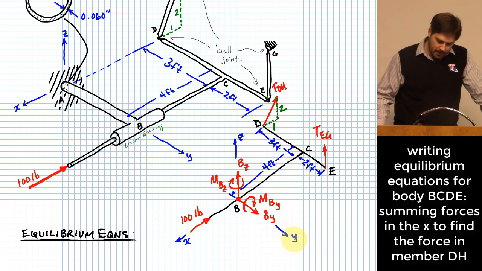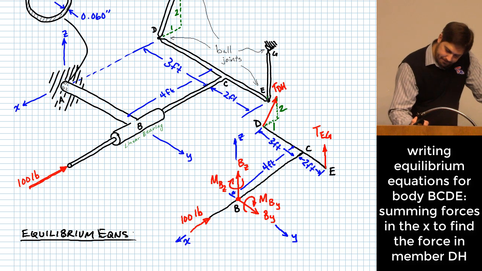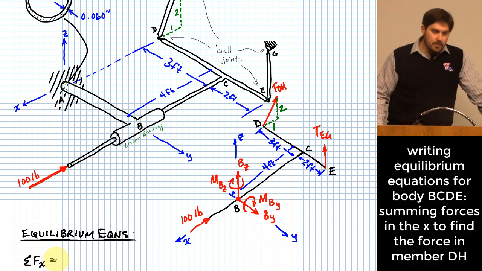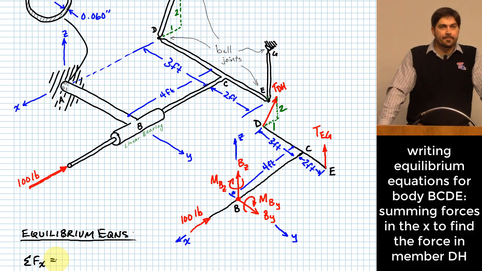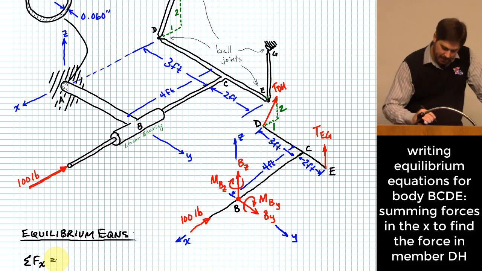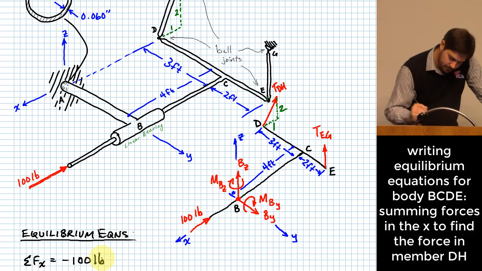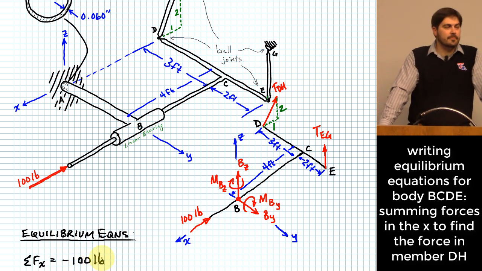Okay? So in the x direction, what kind of forces do I have there? Negative 100 pounds. And what else? Okay, TDH, I hear some people saying, but not all of TDH points in the x direction.